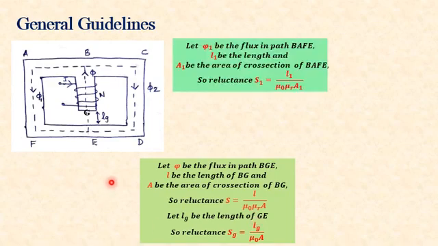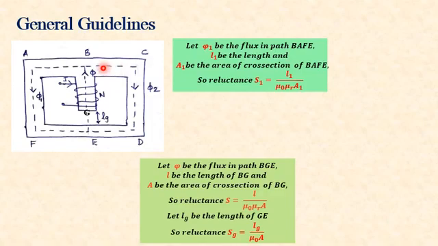Similarly, in the case of the left limb, let phi 1 be the flux through BAFE, and let L1 be the length of BAFE. So A1 is the area of cross section of BAFE.